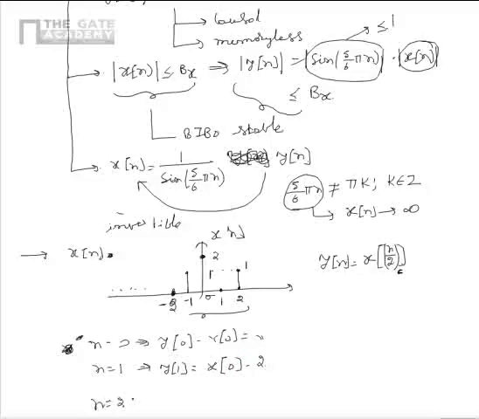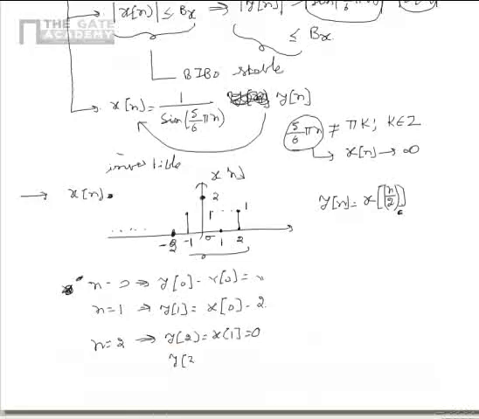At n equal to 2, y of 2 will be equal to x of 1. So this would be equal to 0. Similarly, at n equal to 3, that is y of 3, its value is 0. Similarly, we can show that y of 4 and y of 5 are equal to 1.